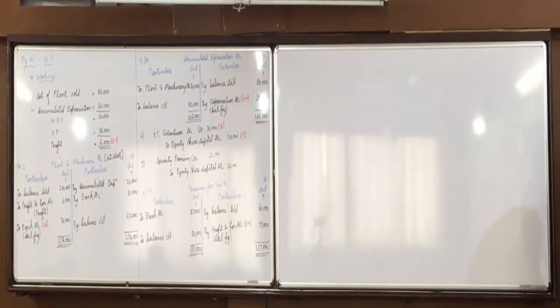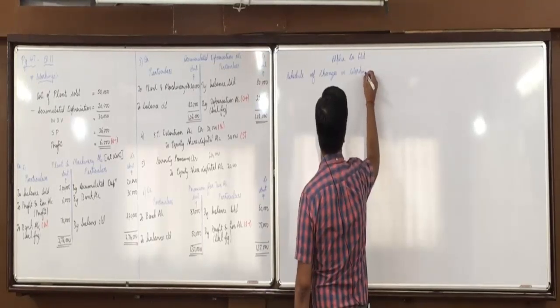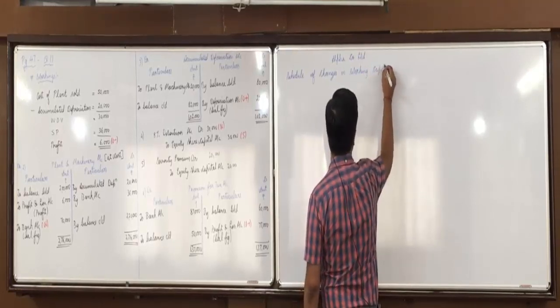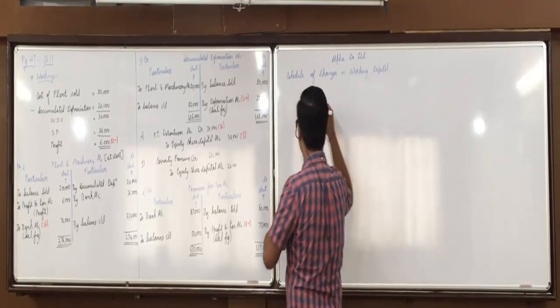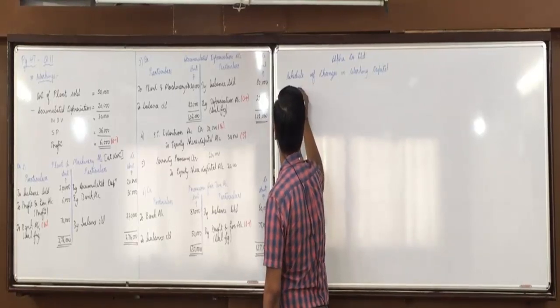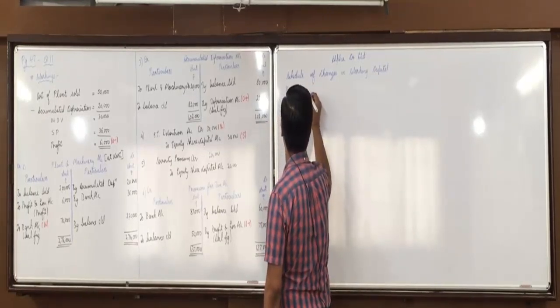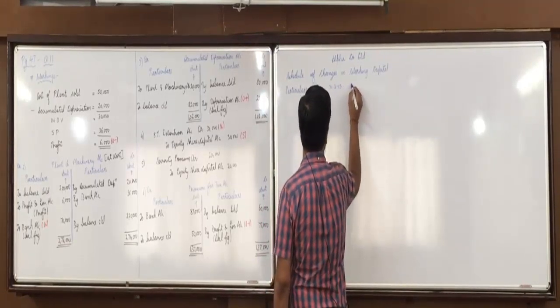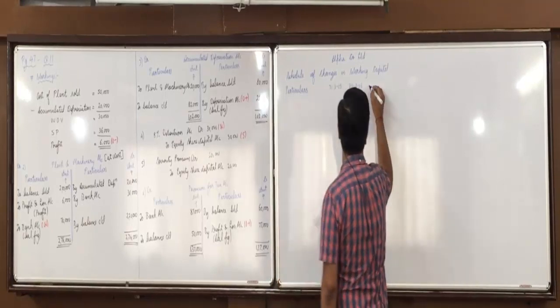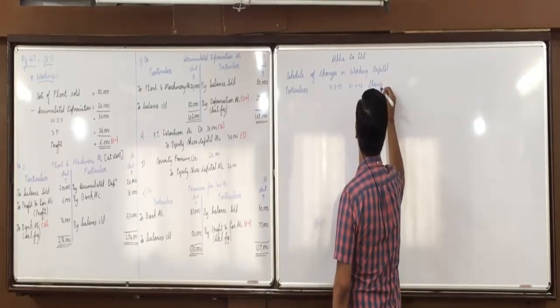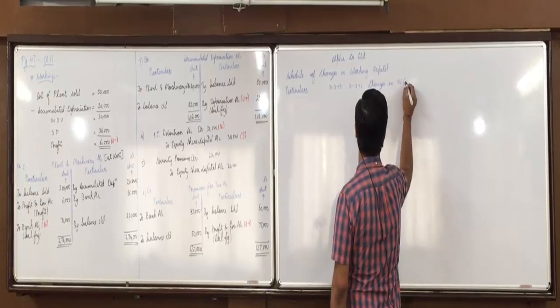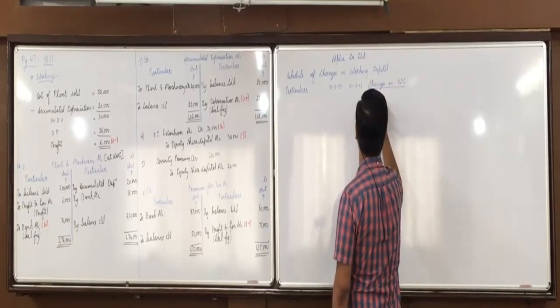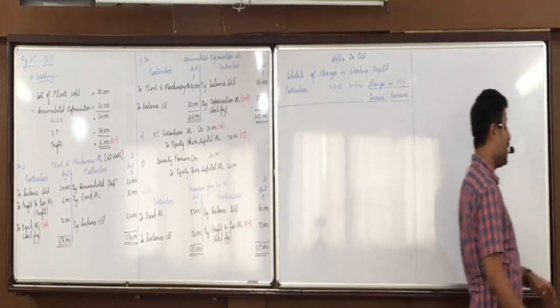So let us first make the schedule of changes in working capital. Alpha Company Limited, schedule of changes in working capital. Particulars, 31/3/15, 31/3/16, changes in working capital, increase and decrease.